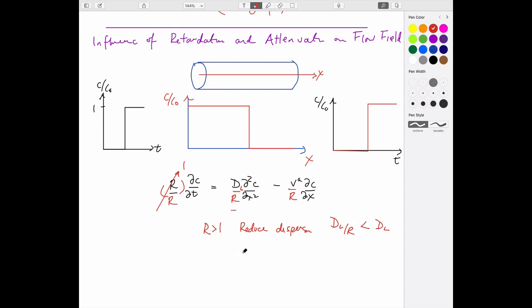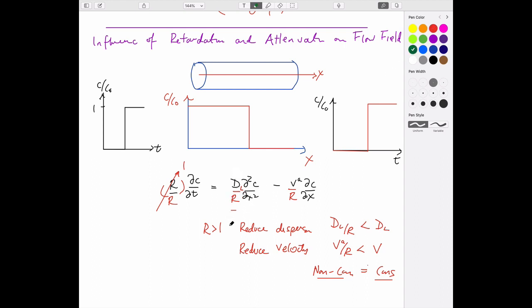And it will reduce advection, because V advective divided by retardation is less than just V on its own. So this is non-conservative versus conservative, right? These two behaviors. So the conservative system, we had just these terms on their own. The non-conservative system, they're divided through by a number greater than 1. And so we could figure out exactly what that would mean.